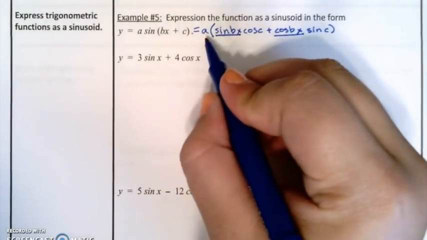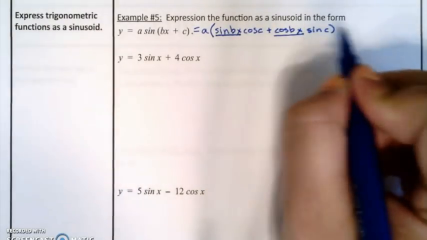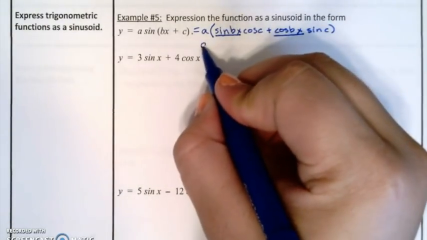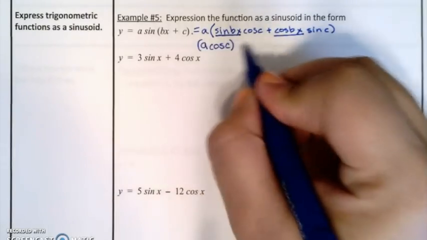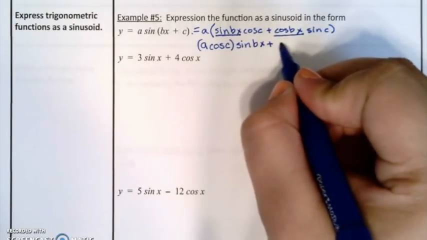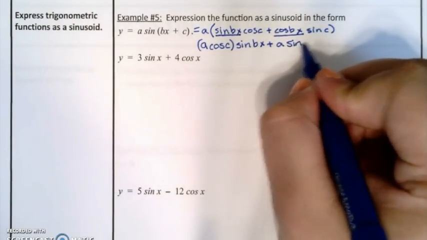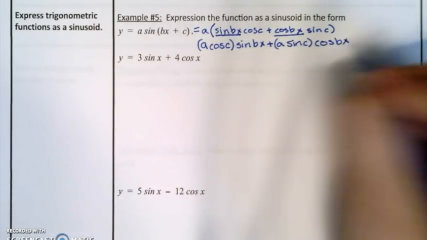So I'm going to distribute the a, but write the sine of x and the cosine of x at the end of their terms. So a cosine of c times sine of bx plus a sine of c times cosine of bx.